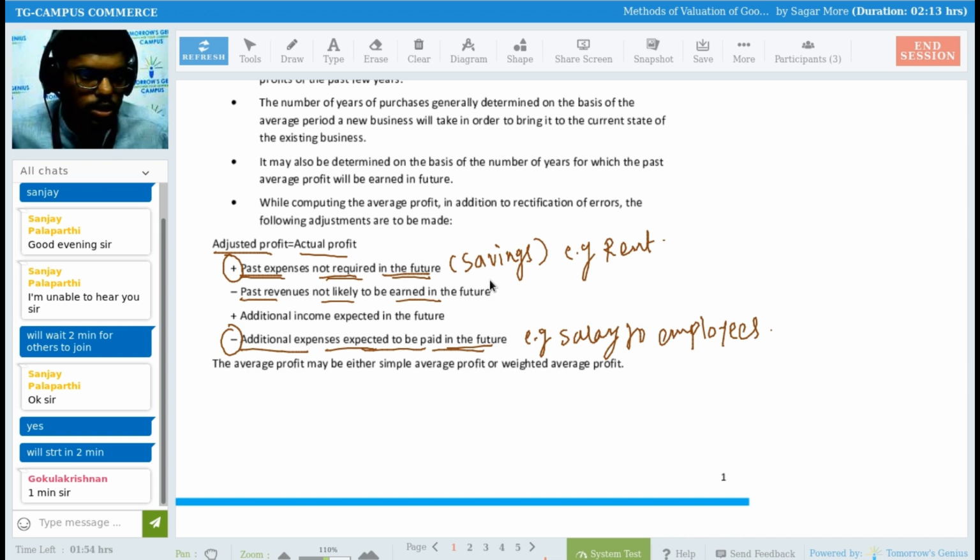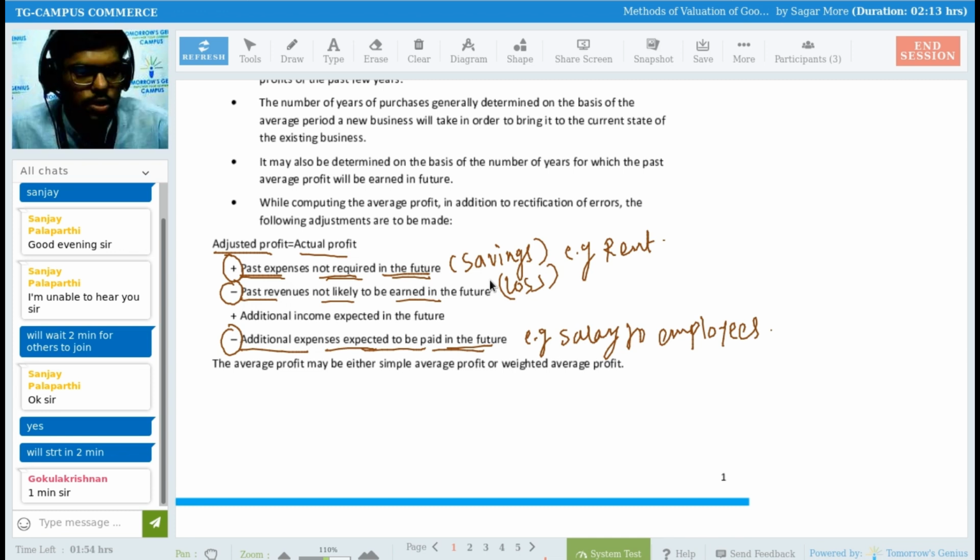In the last 50 years, my company was purchasing goods and services from you. But from next year onwards, I'm not buying goods and services from you, right? So that is a loss for you, and that loss we have to subtract. That is nothing but past revenues not likely to be earned in future.